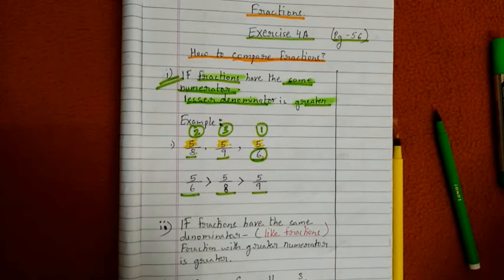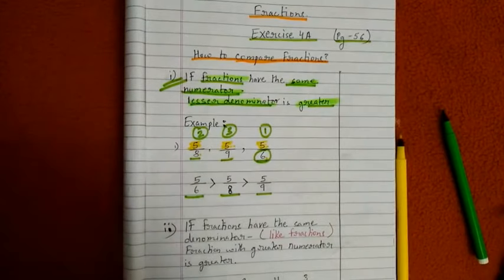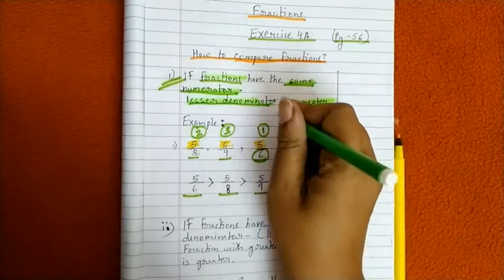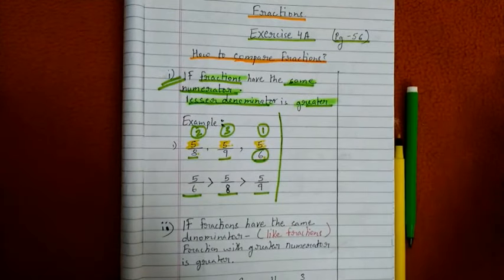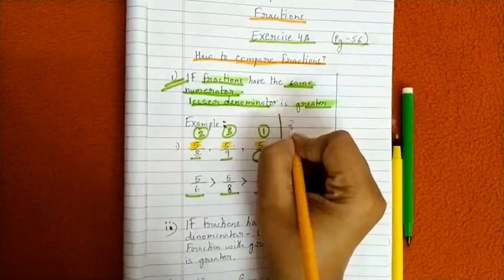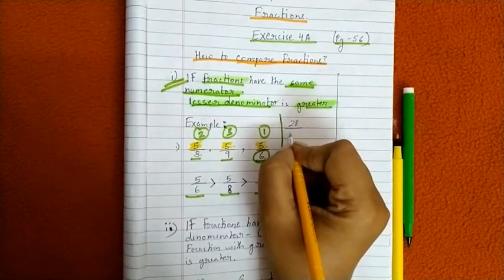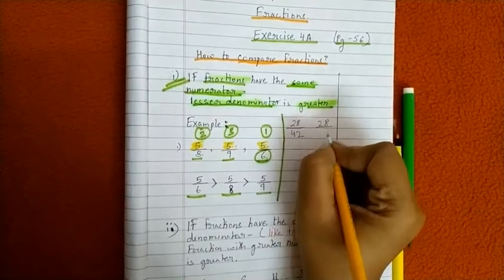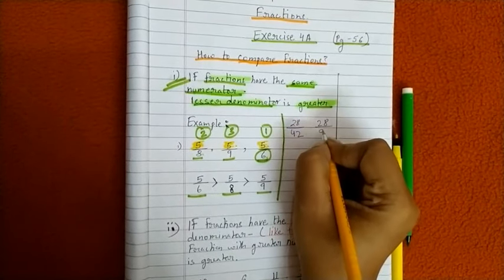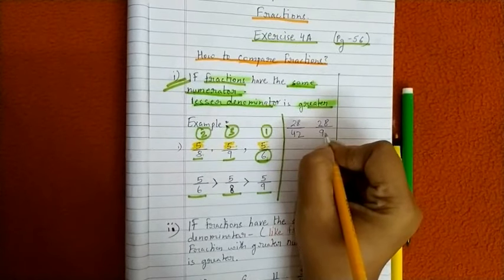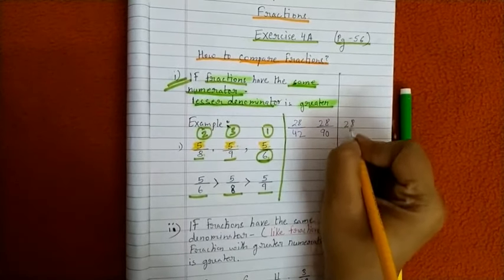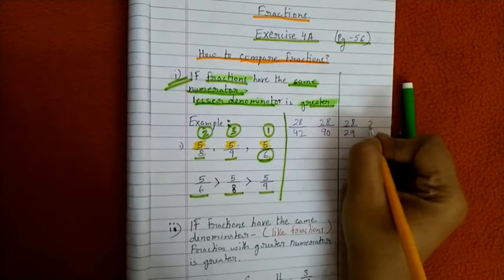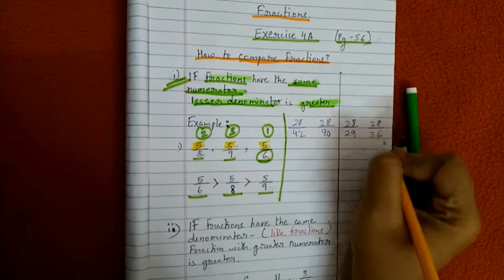For making you clear, let's take one more example, children. Now, see, I'm writing here 28 upon 42, 28 upon 90, 28 upon 29, 28 upon 36.